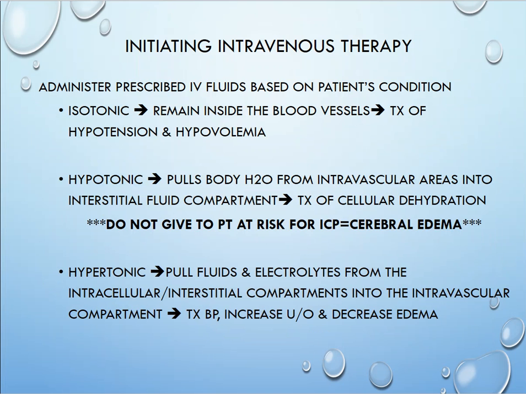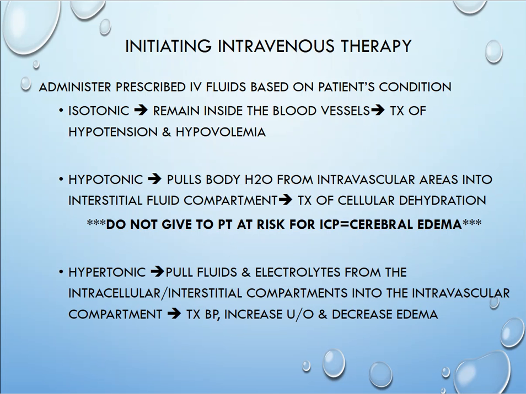So isotonic solutions remain inside the vessels, where it is about 250 to 375 milliosmoles of oncotic pressure. And as a result, they're useful for clients with things such as hypotension or hypovolemia. Clients that are at risk for fluid volume excess must be closely monitored when they receive isotonic fluid replacement, because they may easily develop fluid overload.